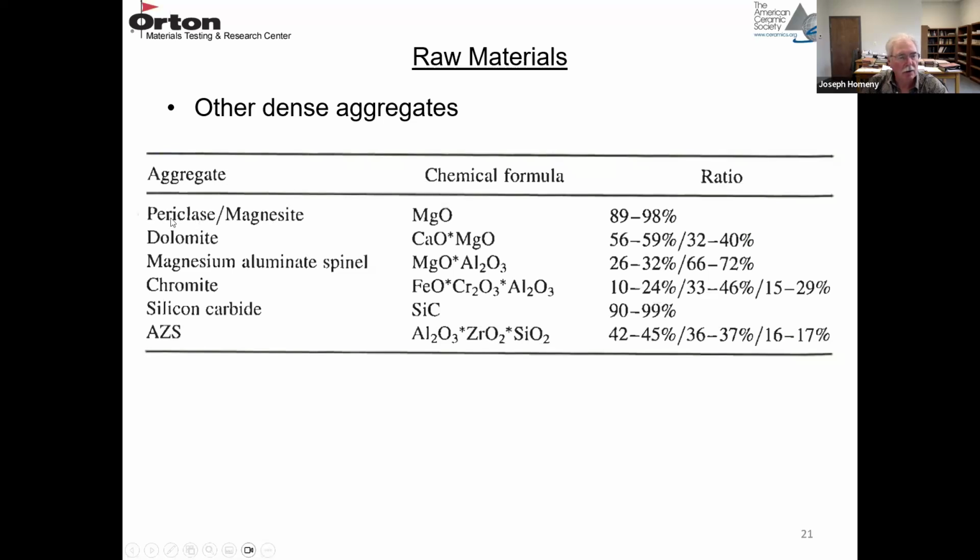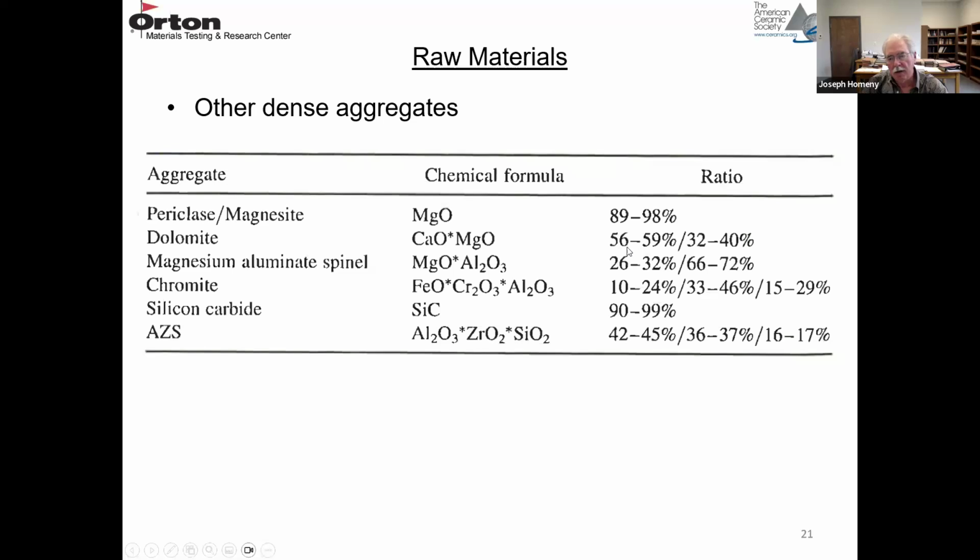We've also talked about periclase or magnesite, dolomite, the magnesium aluminate spinel, chromite, silicon carbide, and AZS, alumina zirconia silica. So this is the chemical formula, and then this is the percent of each chemical. So an MgO aggregate, maybe 90 to 98 or 99% MgO.